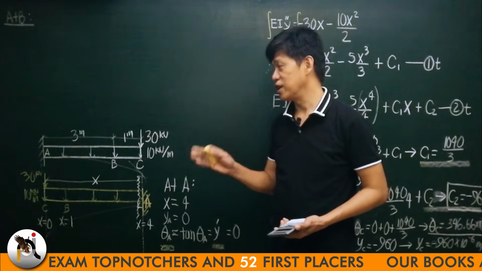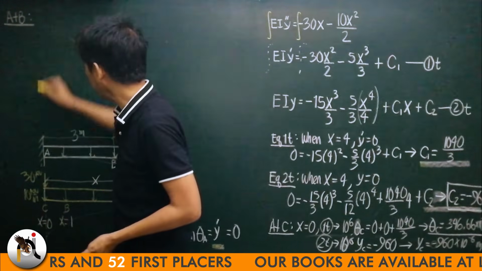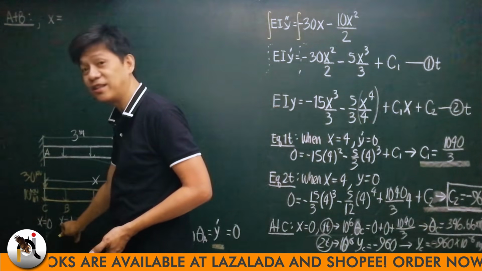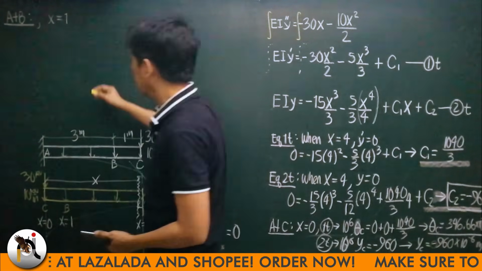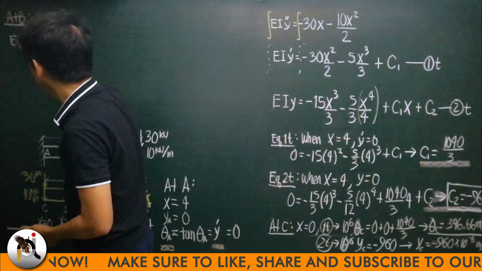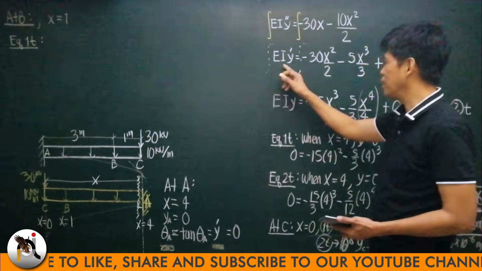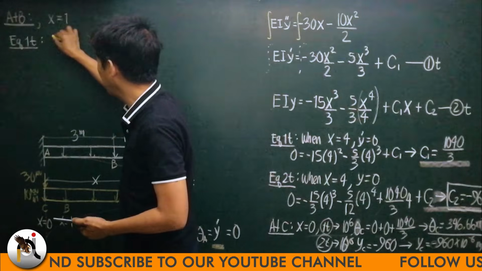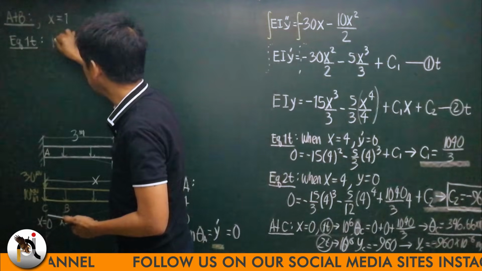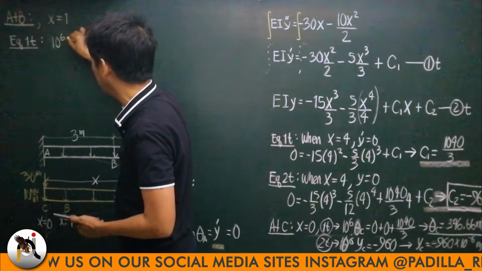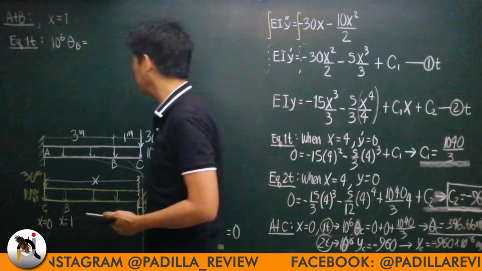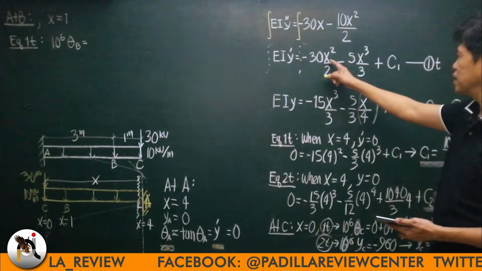What about rotation and deflection at point B? We know that at point B, the distance from the left end is 1, right? So x is 1. Considering equation 1t, you'll have EI y prime. Our y prime is the same as theta. So EI is 10 to the 6, y prime at B is the same as theta at B in radians, equal to, just substitute x is 1 here.